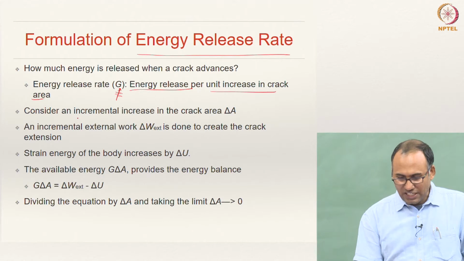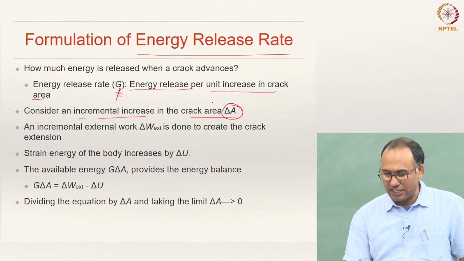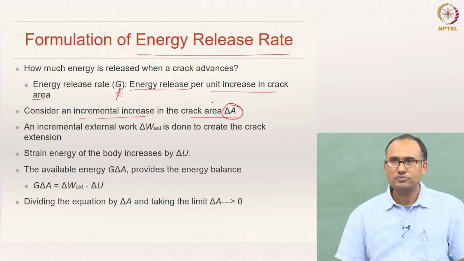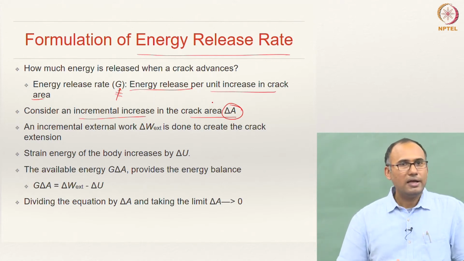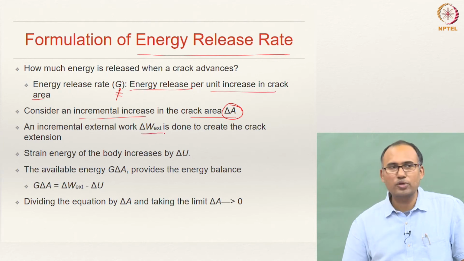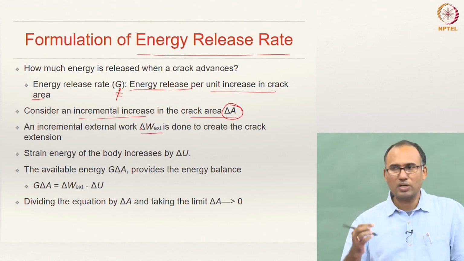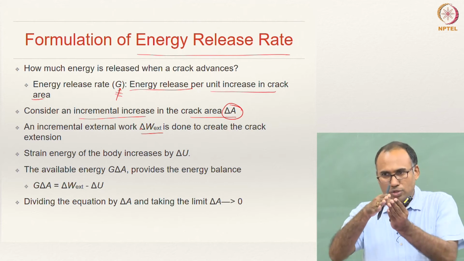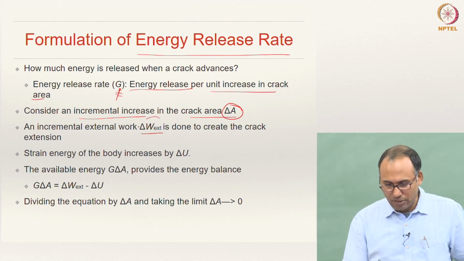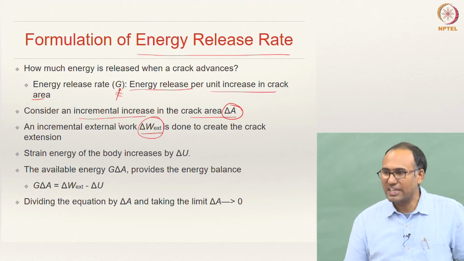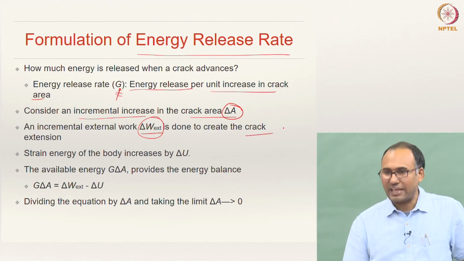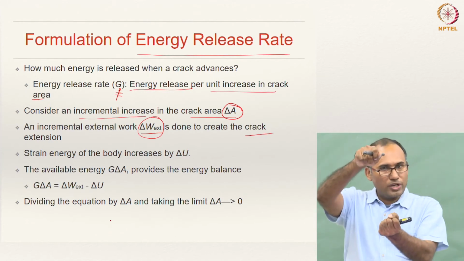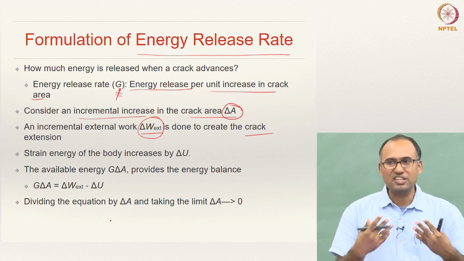Now let us consider an incremental increase in the crack area to be delta A, and an incremental external work delta W_ext, the external work done during the time the crack is propagating to create the crack extension. And when you are doing some work on the body, you are obviously imparting some strain energy to the body.